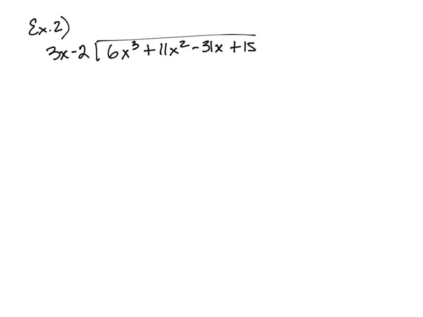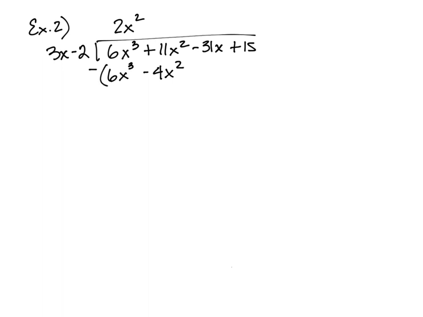So step 1. What are we going to do? 6x cubed divided by 3x. What's our answer? 2x squared. Okay, pushing through. 2x squared times 3x, and 2x squared times negative 2, minus 4x squared.